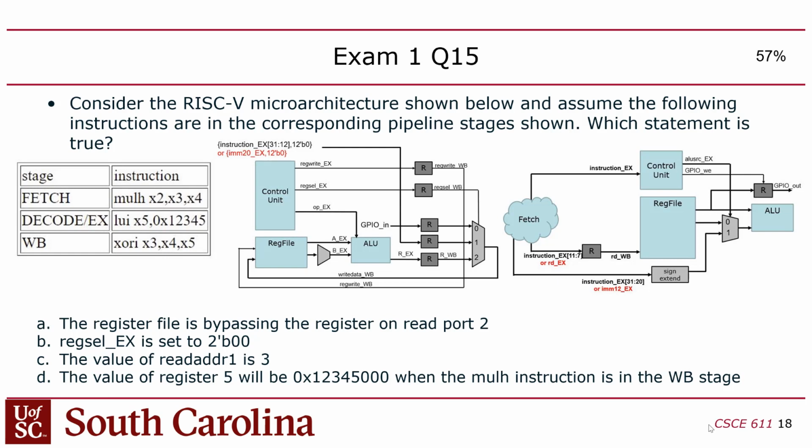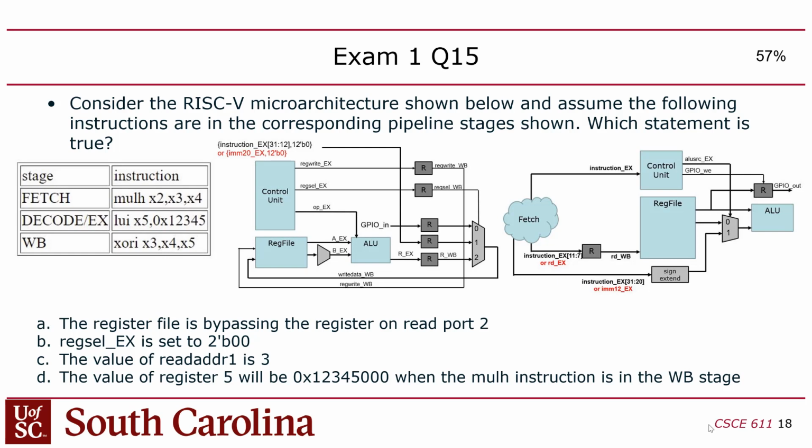But that's not happening because the LUI doesn't read any registers at all, although technically it is, because it's still going to be reading registers. Whatever the RS1 and RS2 registers are inside the machine language version of that instruction are going to get read, but they're going to be discarded. But technically that could still activate the bypass path. I didn't think of that when I wrote the question, but I doubt that's likely to be happening.